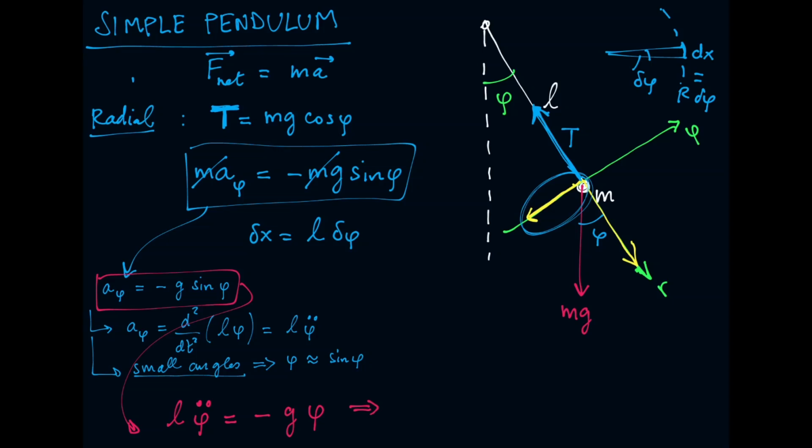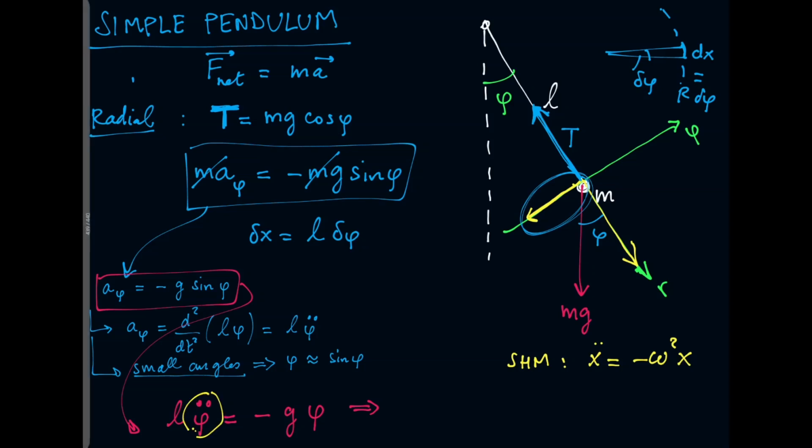Now, this reminds us a little bit of the same structure of the simple harmonic oscillator. What we used to have in simple harmonic motion was x double dot is equal to minus omega squared x. Here we have L phi double dot is minus g phi.